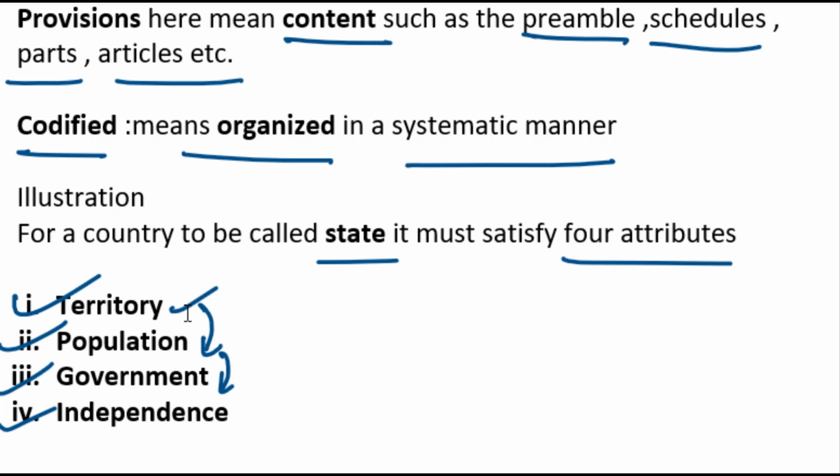And such a government which is able to organize its population must be a sovereign government. So this order is systematic. This arrangement is logical. One follows from the previous.